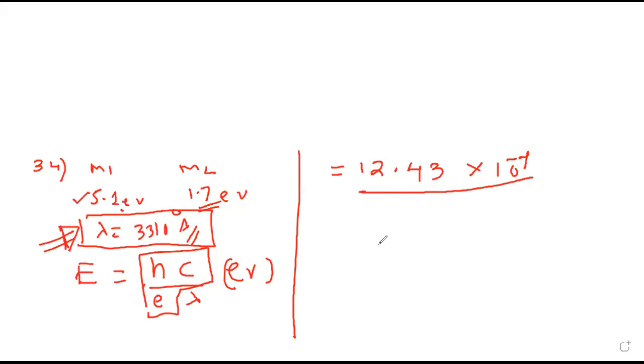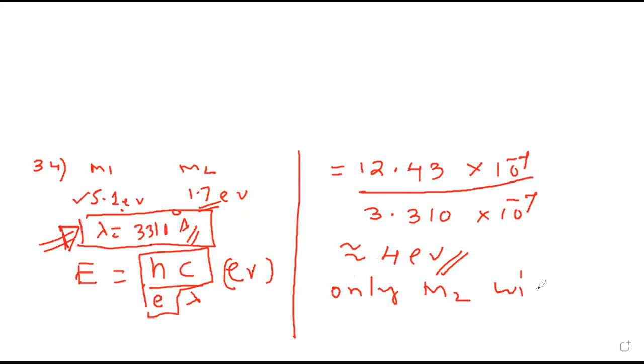Last class I gave you this. Now 3310 angstrom converted into meter is 3.310 into 10 raised to minus 7. So can I say this is approximately 4 electron volt? That means only M2 will emit. Followed, sir.